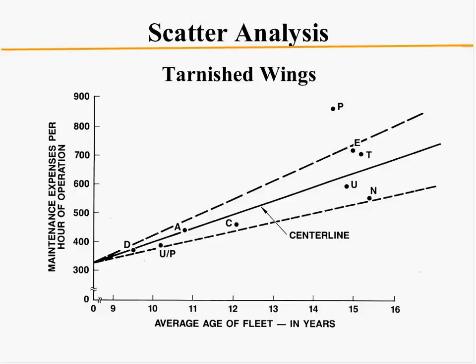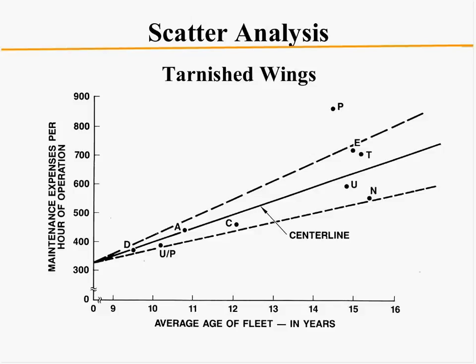So, for example, you can see the dot identified as D, which is Delta Airlines, and the fleet at that time looks like it was about 9.25 years in age. And if you look at the vertical axis, their expenses per hour of operation are about $360, $370.